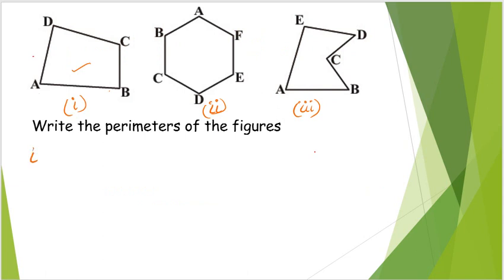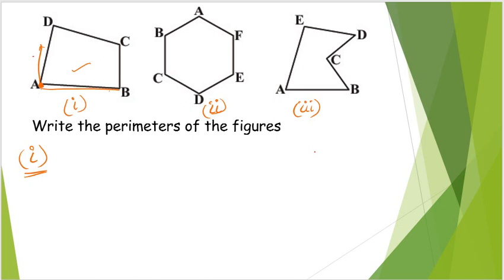First, figure number 1: what is the perimeter of this? Suppose I start from A, I can move in this direction or this direction, any direction. Again you need to come back to position A along these sides once.